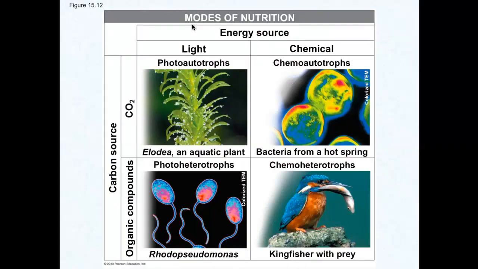All right, so let's talk about nutrition. How do all forms of life, not just microbes, but all forms of life, get their nutrition? In this little box, there are two parts to these words. One is, how do organisms obtain their energy? This is energy to drive chemical reactions. Is your energy obtained from light, or is it obtained from chemicals?